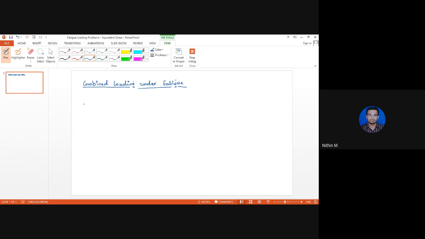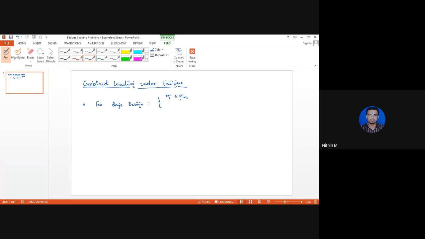So whenever we are designing a component, for the design to be safe, these two criterions are to be met. The first one is the maximum principal stress induced in the component should be less than or equal to the allowable stress, right?